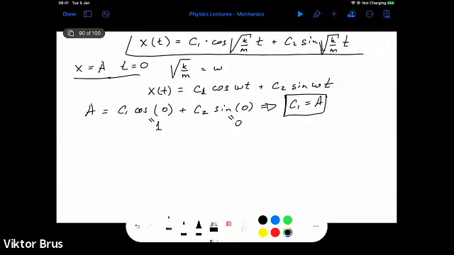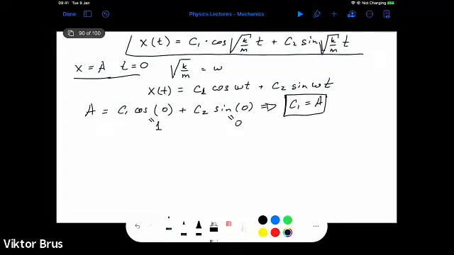But let's consider velocity. What do we know about our block at time equals 0? It's stretched to the extreme point, displacement is A, but the block doesn't move. It starts moving only after t equals 0 and increases its velocity. At t equals 0, velocity is equal to 0.